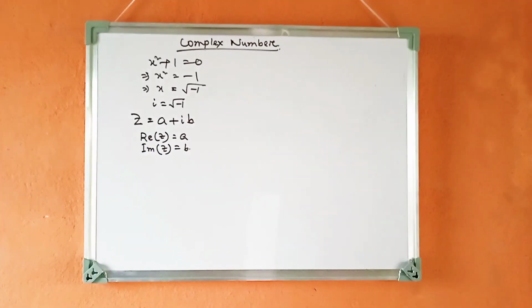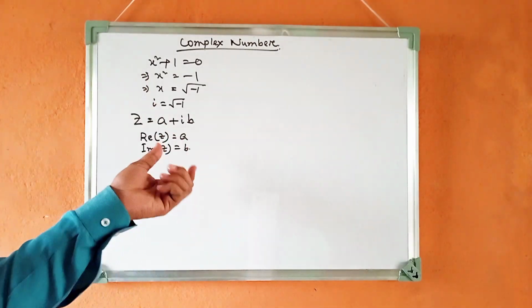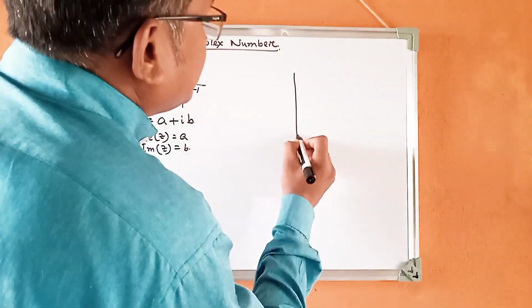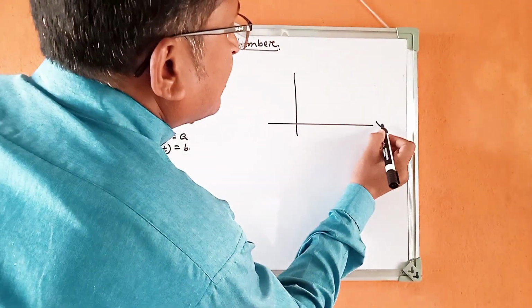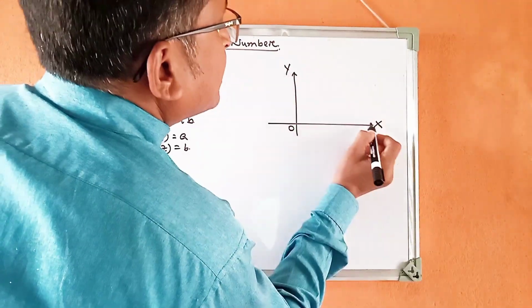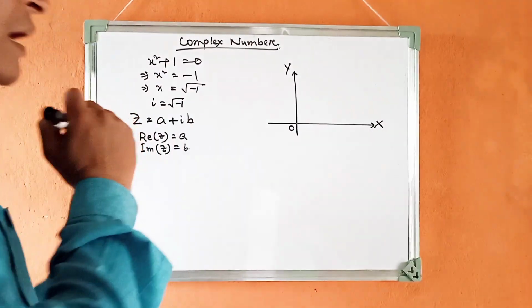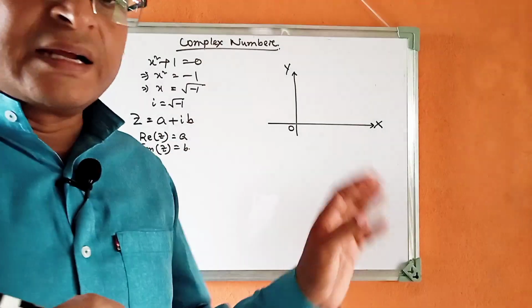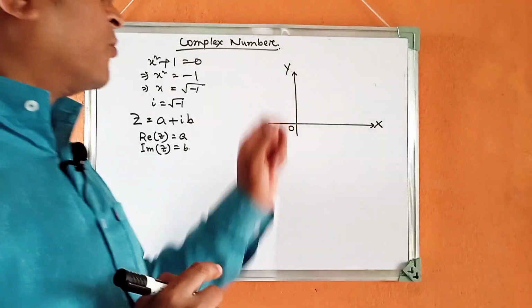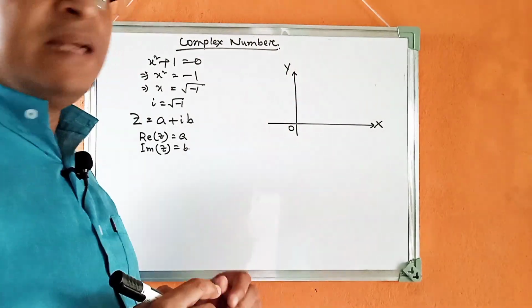Now represent this in a graph. See here, we draw two lines, one is the x-axis, another is the y-axis. In a complex number graph, the x-axis is called the real axis and the y-axis is called the imaginary axis.